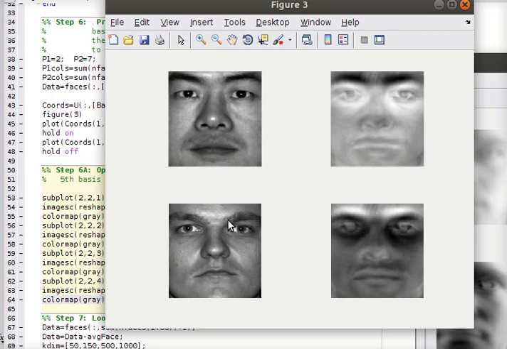In this guy at the bottom, he's got a real strong highlight on the brow and kind of darker eyes. And then the guy in the front, the eyes are more light and with a darker brow. And so that's what's splitting them apart, which is kind of bizarre. So again, the top eigenvector.